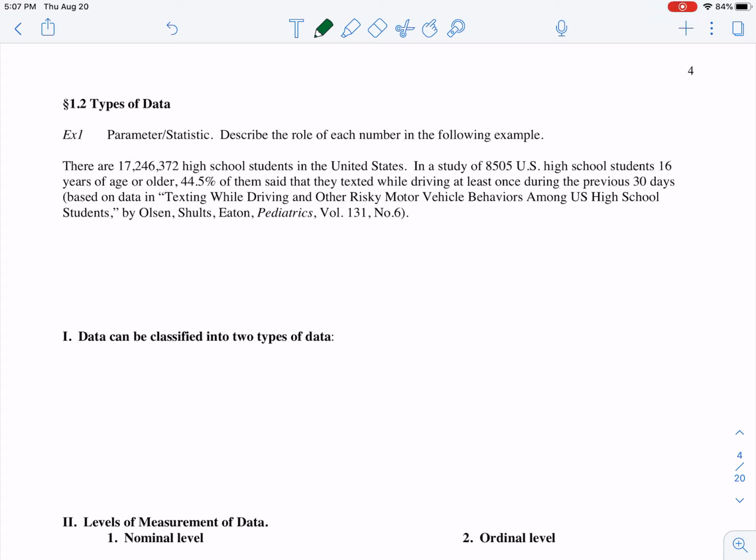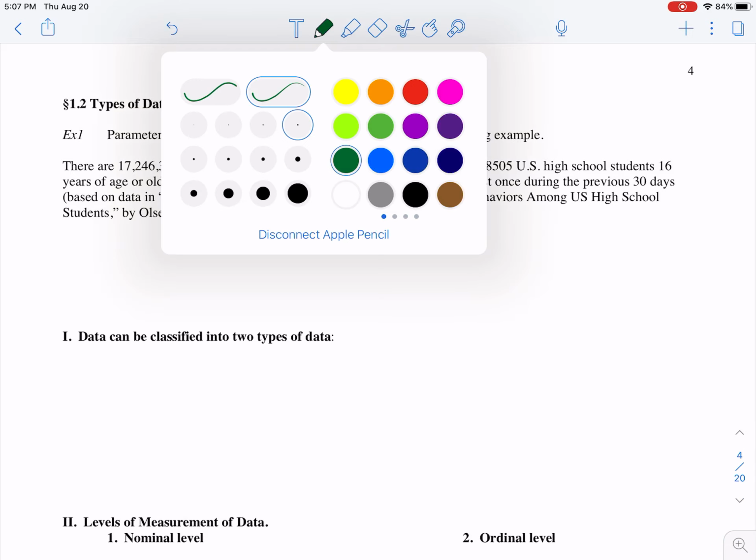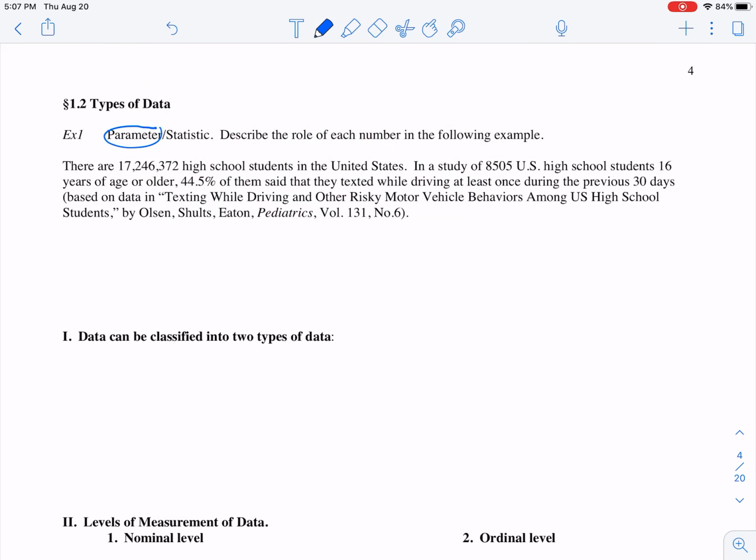So we have parameter and statistics. A parameter is a numerical value describing a population itself. And then we have statistics, another definition of statistics in general. This is a numerical value describing a sample. So parameter refers to population, statistics refers to sample.